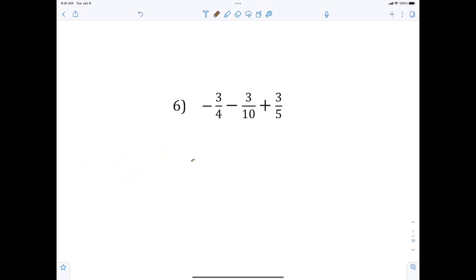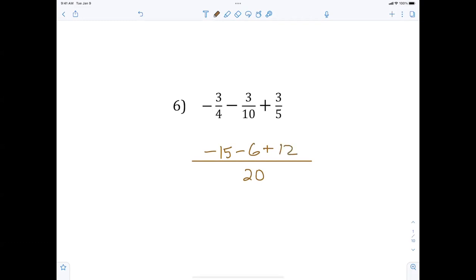Tell me, common denominator for number 6. 20. And I did -3 and then -3 and then plus, or no, hold on. What do you... -15. -15. And then -6. Good. Plus 12.